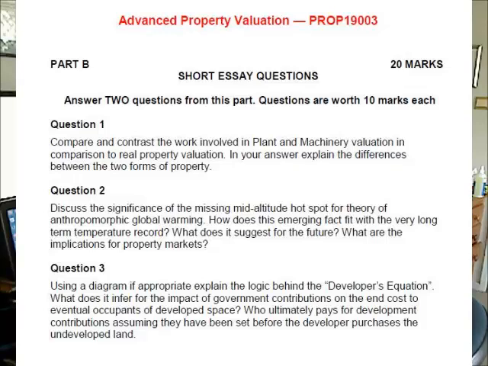Better students are more likely to have read and assimilated different perspectives.